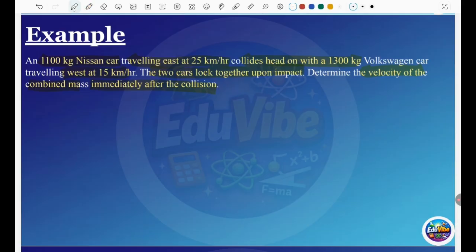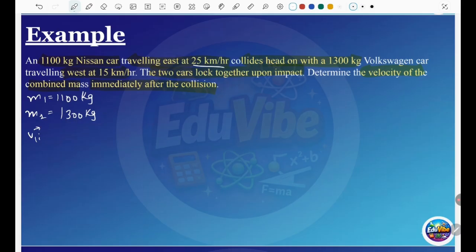So we have two masses. For the first one, we have a 1100 kg mass. For the second one, we have a 1300 kg mass. And for velocities, we have separate velocities for both.